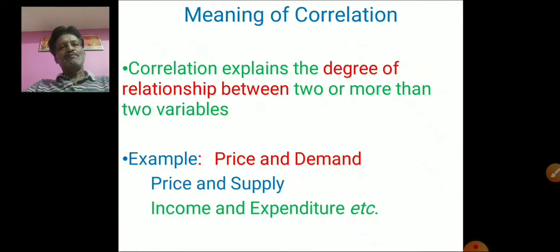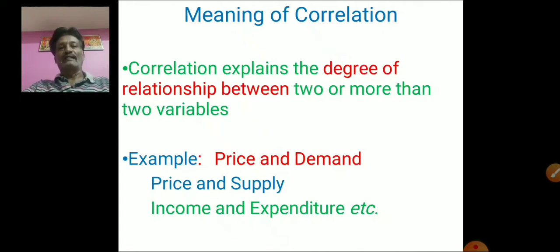So friends, before entering into the topic of methods of studying correlation, first we recall the meaning of correlation. Correlation explains the degree of relationship between two or more variables. It explains only the degree of relationship: whether the given variables are closely related or the correlation between the values is less.